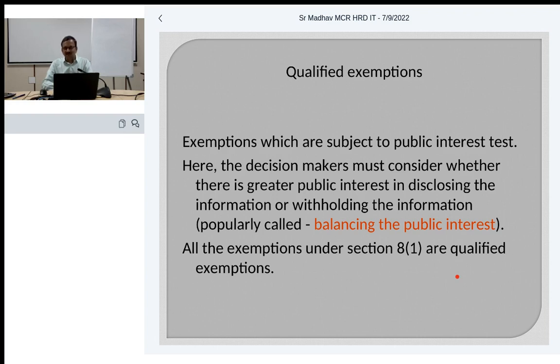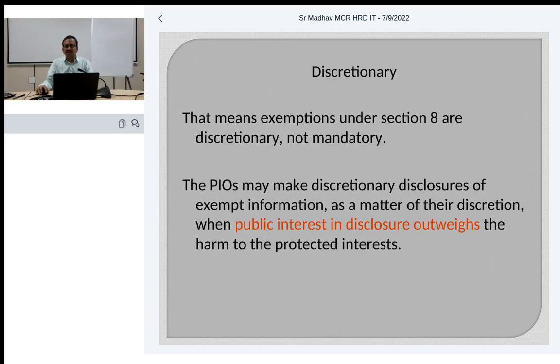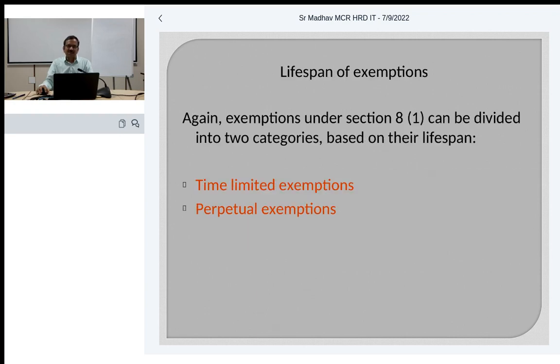If the PIO is of the opinion that public interest in withholding is larger, then she can withhold the information. Sometimes they can go for partial disclosure when they feel there is some need to balance both these factors. So this is a somewhat complex part of decision making under the Right to Information Act, that is the public interest test. So we can say they are discretionary exemptions.